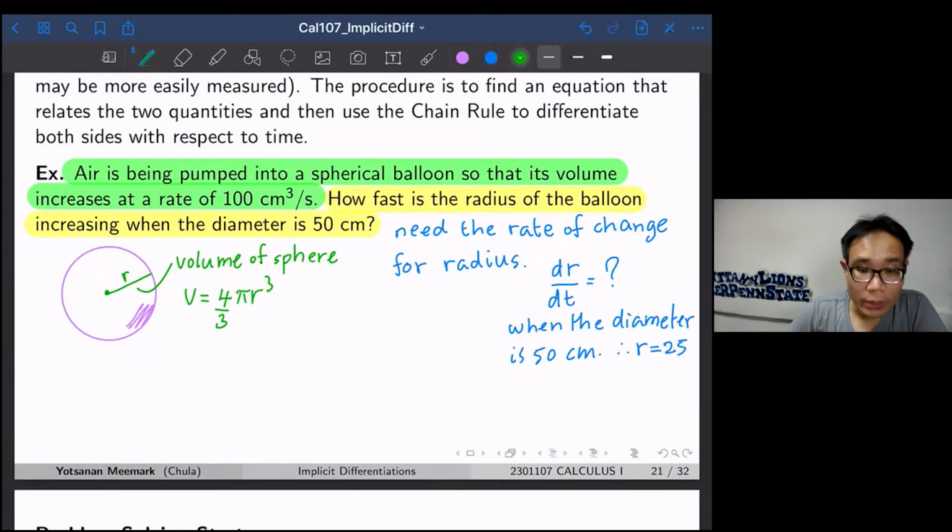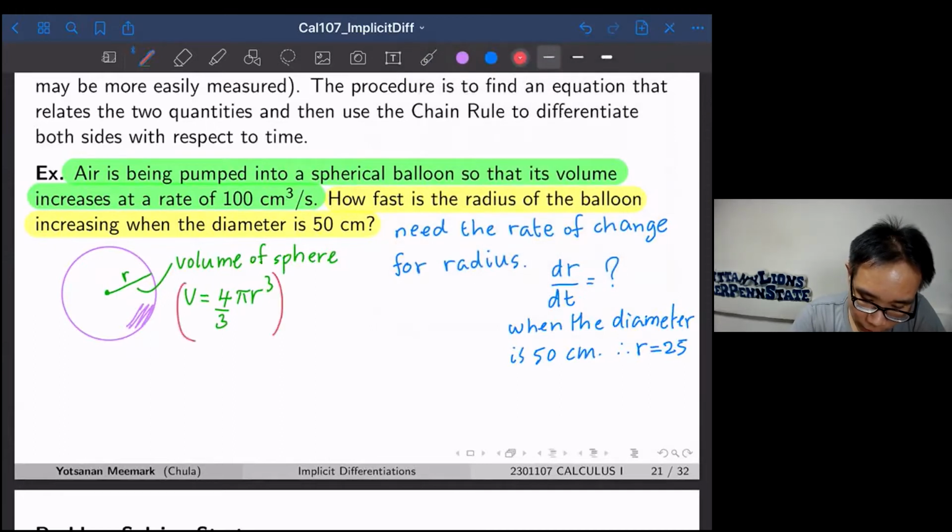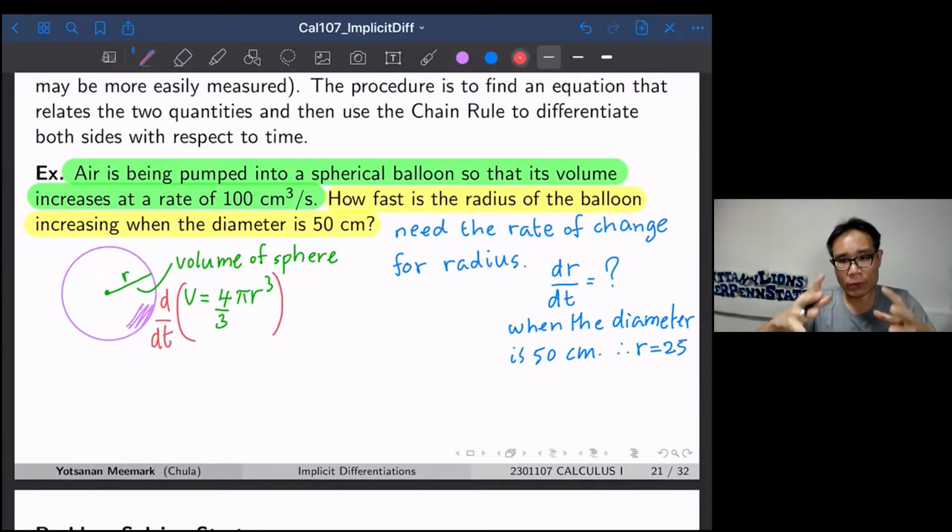We have the relationship between V and r in this form, and we can differentiate both sides with respect to the time t, because as the volume increases, the radius will also increase.